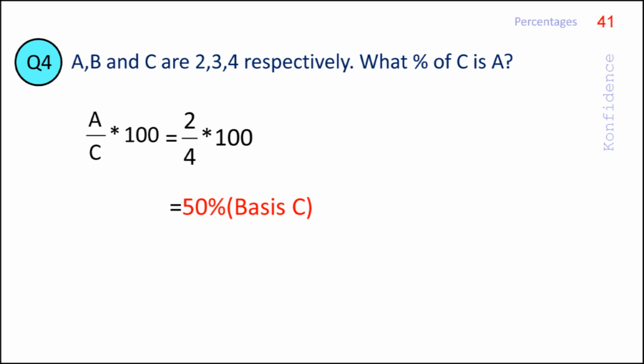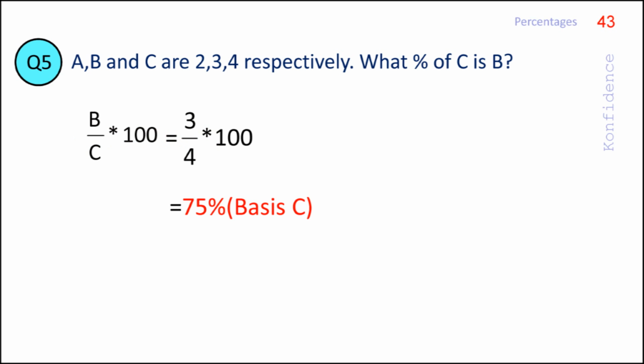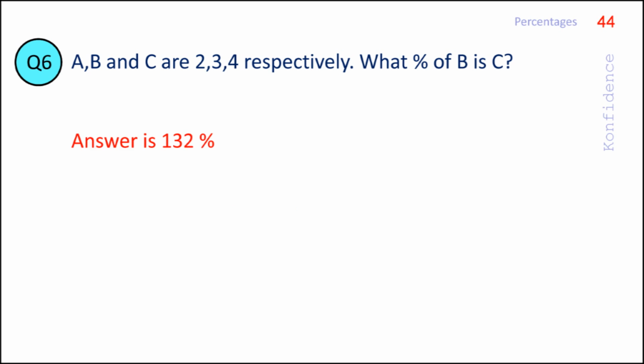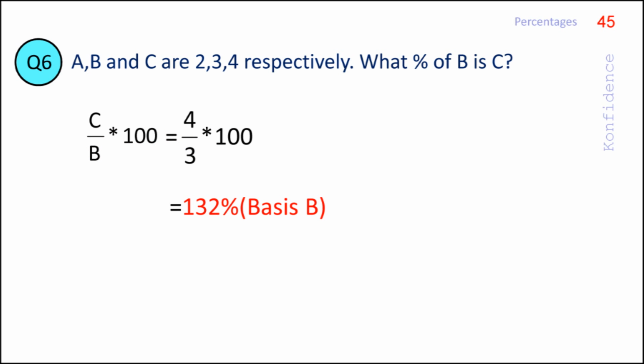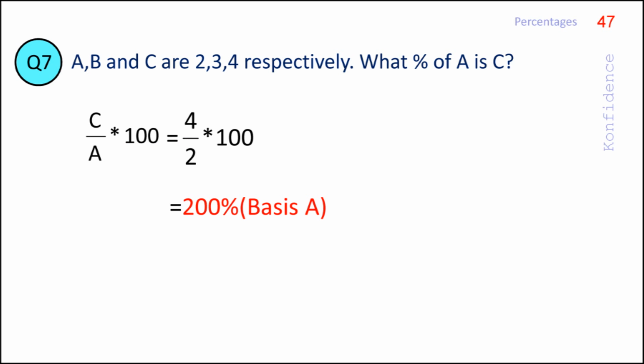Note that the basis here is C. Question 5. 75% is the answer, and here again C is the basis of calculation. Question number 6. 132%. The answer is based on B. Q7, 200% is the answer and the basis of calculation is A.